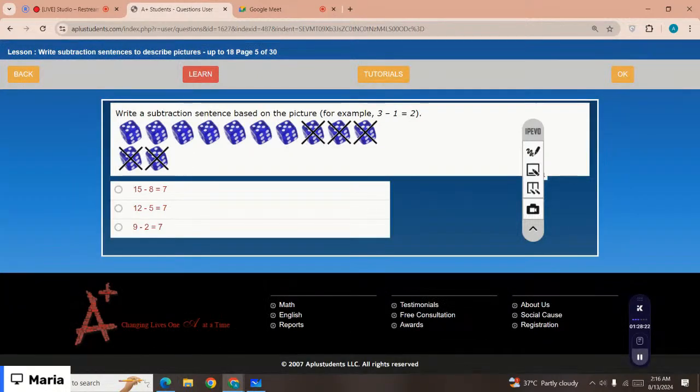Okay, write a subtraction sentence based on the picture. So, which is the correct option?